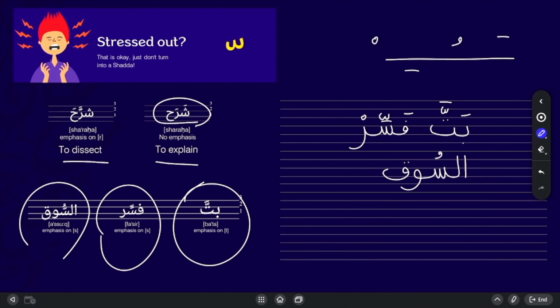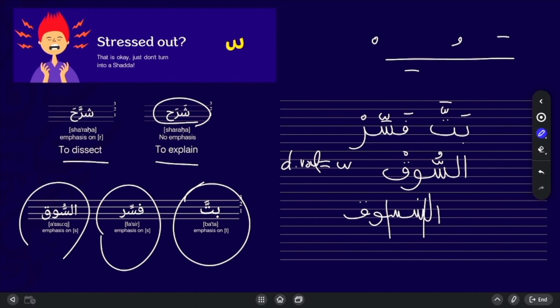But as-suq, it's emphasized. I've seen instructors of Arabic refer to the shadda as a double vowel. You can look at it that way if you want. It doubles the consonant on which it rests.